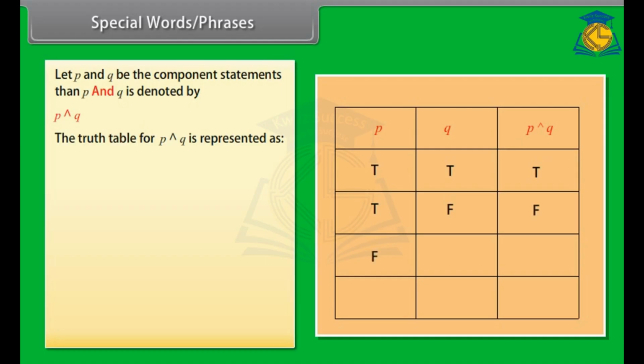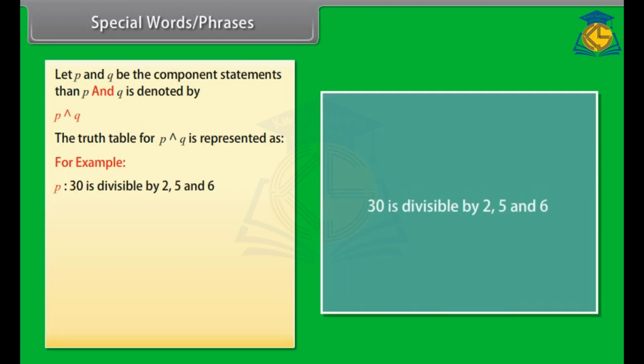For P false and Q true, the P and Q is false. For P false and Q false, the P and Q is false. For example, P is a statement that 30 is divisible by 2, 5 and 6. It has the following component statements.